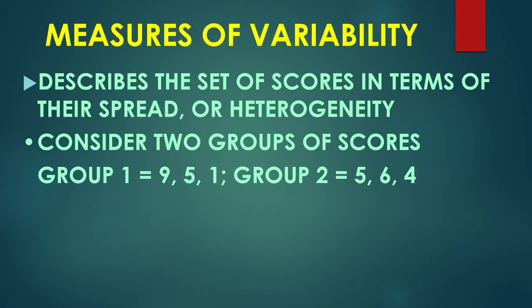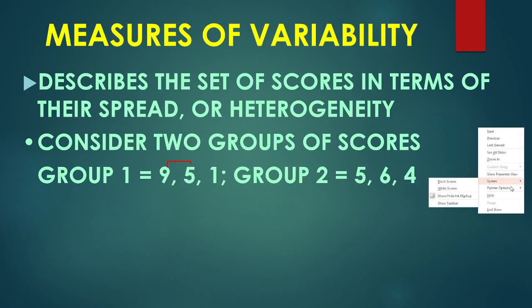Look at the scores of group number 2. The scores are 5, 6, and 4. And these scores are very close to our mean, that is 5. If you're gonna go to group number 1, the scores are 5, 9, and 1. And the mean there is 5. Look at the gap over here. The gap from 5 to 9 is 4. The gap from 5 to 1 is 4. Compare that to group 2.